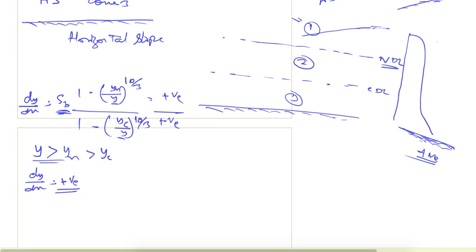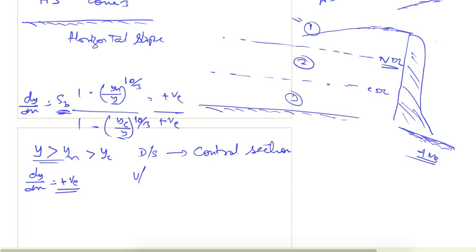Because of that obstruction, the depth has started increasing. So the depth will increase up to the height of that obstruction. In the downstream, it will be defined by this obstruction, which we define as the control section. Control section I will talk about later in this video only.